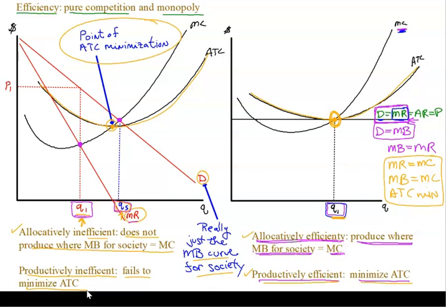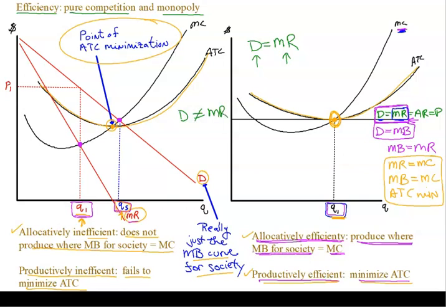And this all comes down to the basic fact that in pure competition, this is what's important: demand is equal to marginal revenue. What society wants is equal to what the firm wants. But in monopoly, demand is not equal to marginal revenue. Let me say that another way.